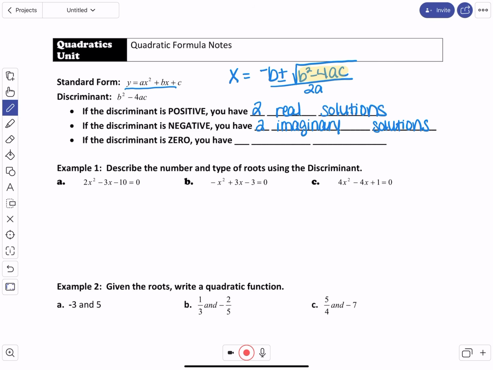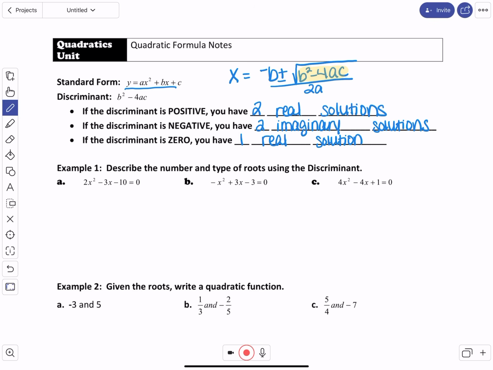And if it's 0, it means you will have one real solution. Now remember last unit we talked about imaginary numbers and having i, and that's where that will come into play. So let's go ahead and use the discriminant formula and find the discriminant and describe the type of roots.